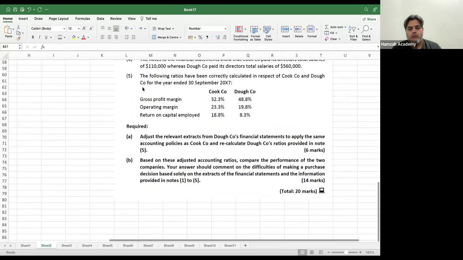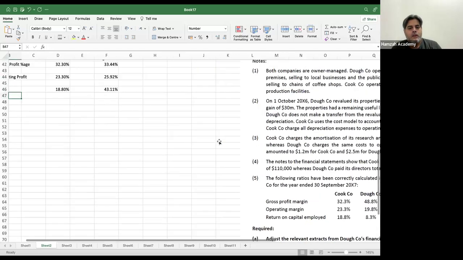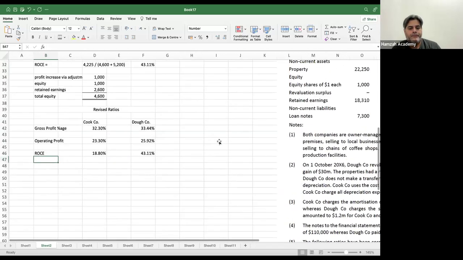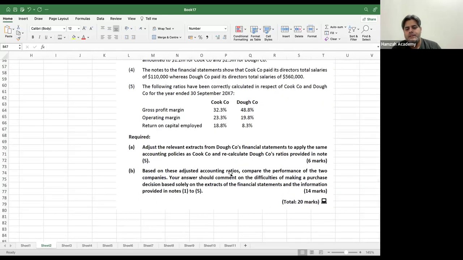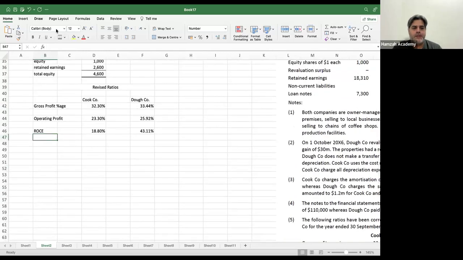Now, the relevant adjustments that we had to do are almost done over here. Now, based on the adjusted accounting ratios, we have to compare the performance of the two companies. And while comparing the performance, what we can do is break the question down into two halves.